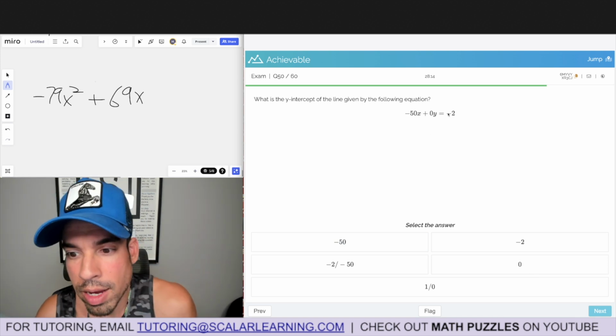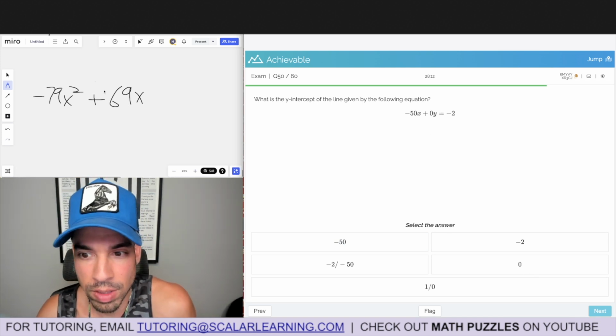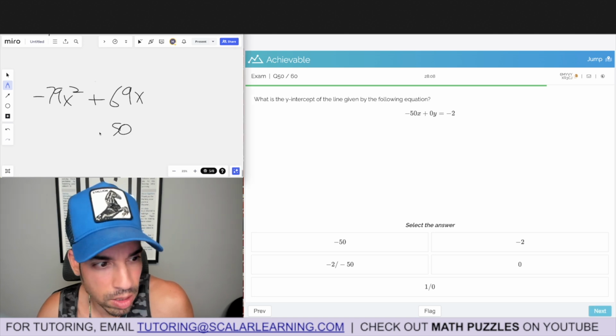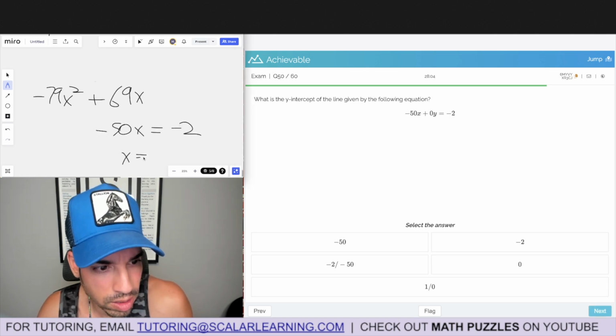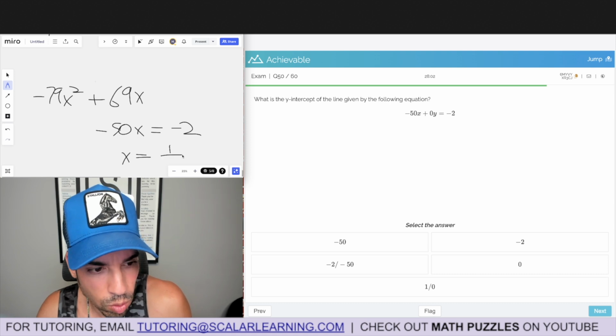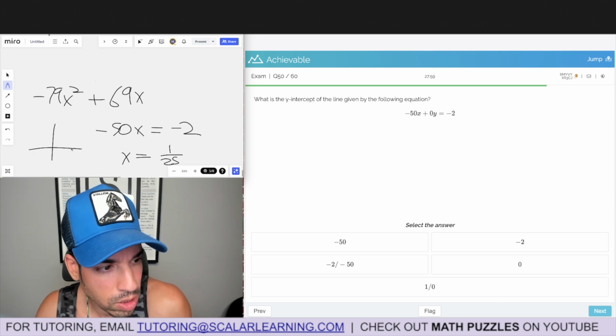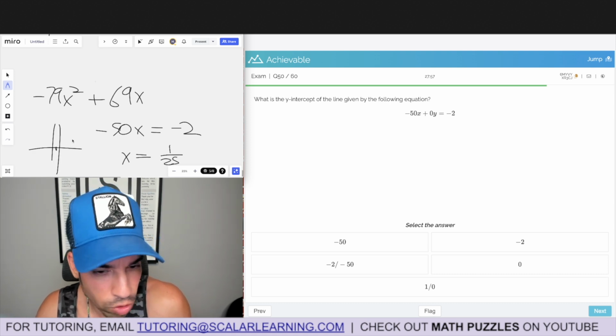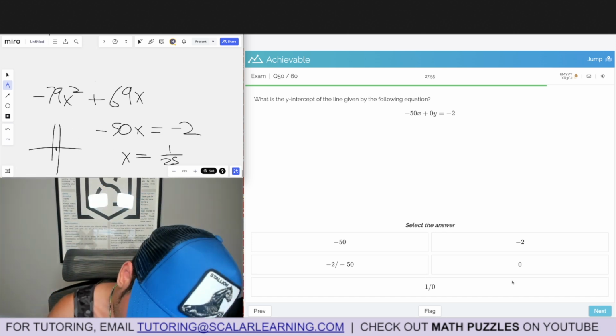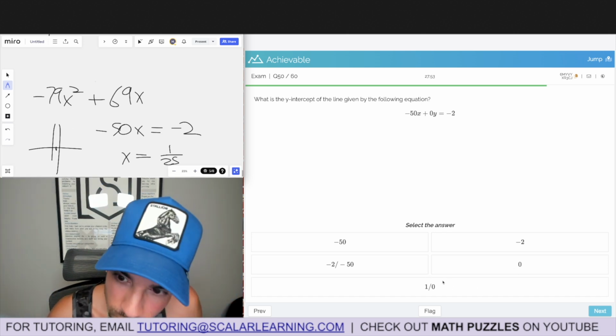Okay, what is the y-intercept of the given line? If you simplify, the 0y is gone. So it's negative 50x equals -2, divided by -50, x equals -2 over -50, or 1 over 25. So that's just a line going straight up and down. So there is no y-intercept. So what's happening?